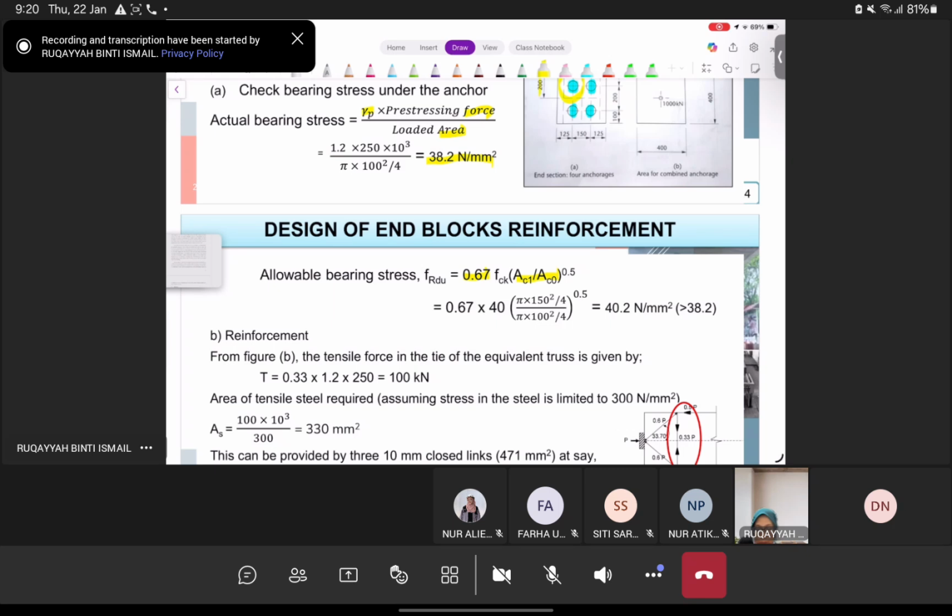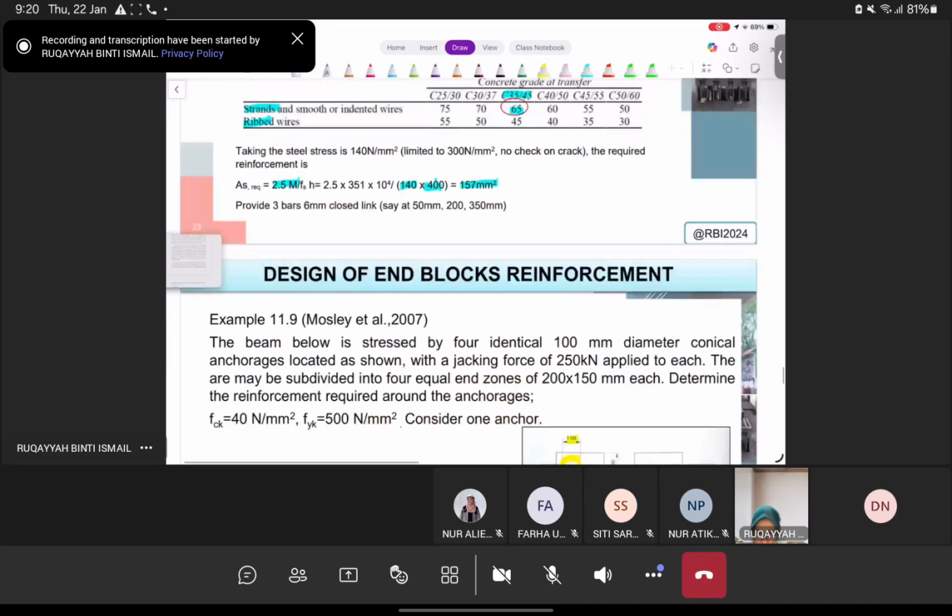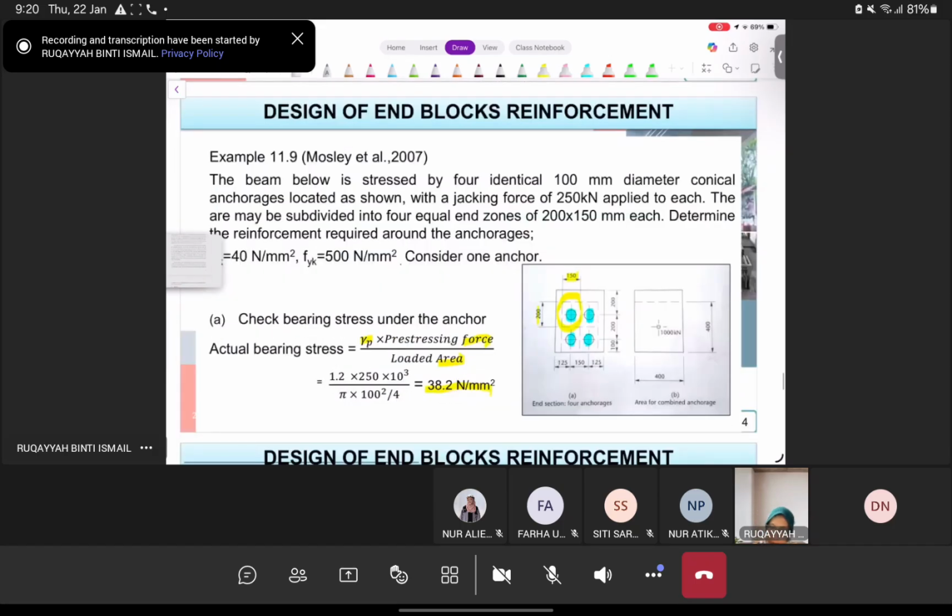So if you look here, Ac1 is the area of the whole part. Ac0 will be the area where you have your conical, which is equivalent to this 100 mm conical.